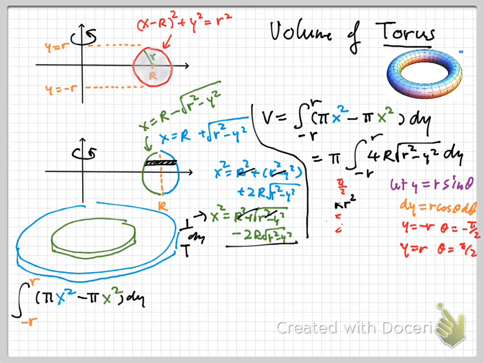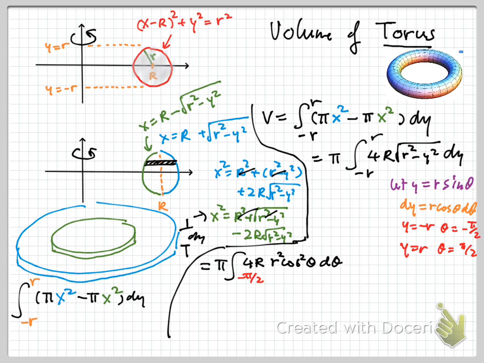I don't have enough space. Let me extend it here and carry on. So we have 4R, we just copy it, and that is r cosine theta times r cosine theta d theta, from minus half pi to half pi.